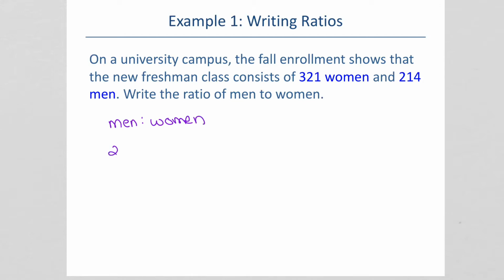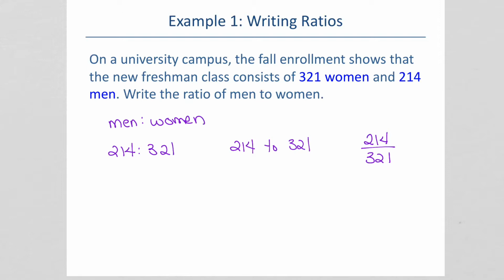We could write 214 to 321, or we could write it 214 to 321. Or we could write it 214 over 321. Okay?